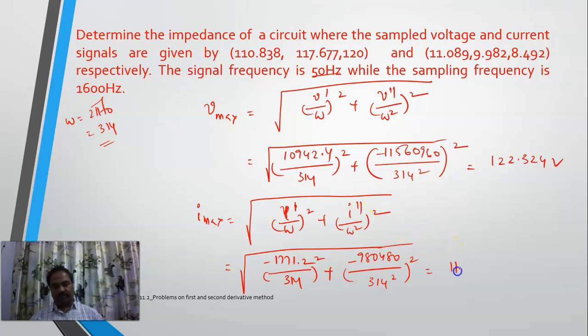So it is somewhere around 11.432 amperes.